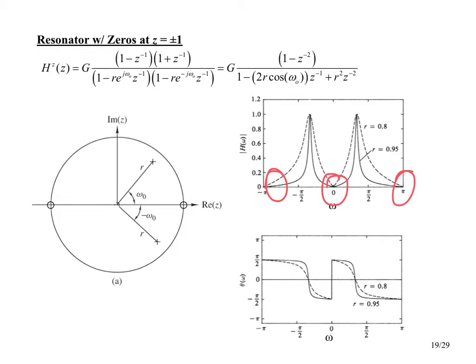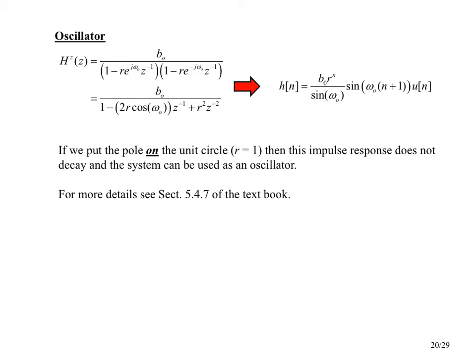Okay, so let's go on to the next slide here. If we think about what we just built, a resonator, and we think about moving that pole onto the unit circle, letting r be equal to 1, and we think about the inverse transform of this thing, we can show that it ends up looking like this.